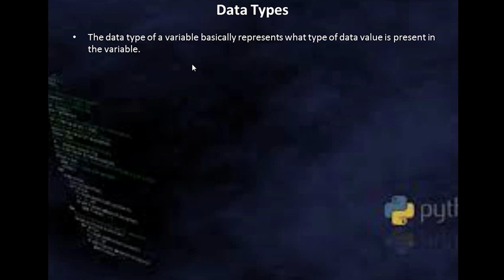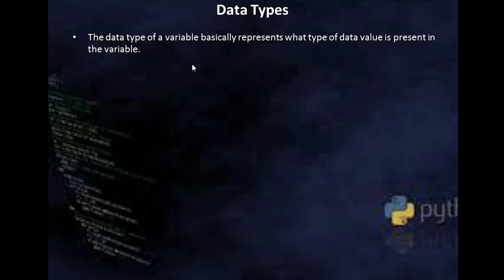Python is an example of a dynamic type language. Dynamic type means you don't have to declare a variable before its use. You directly start using the variable, and whatever value is stored in the variable, that is its data type. So once a variable is assigned 10, it becomes integer.